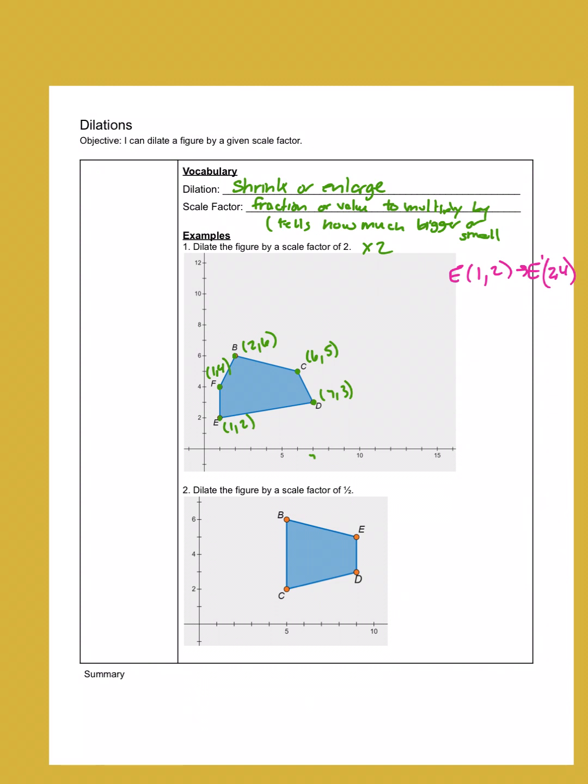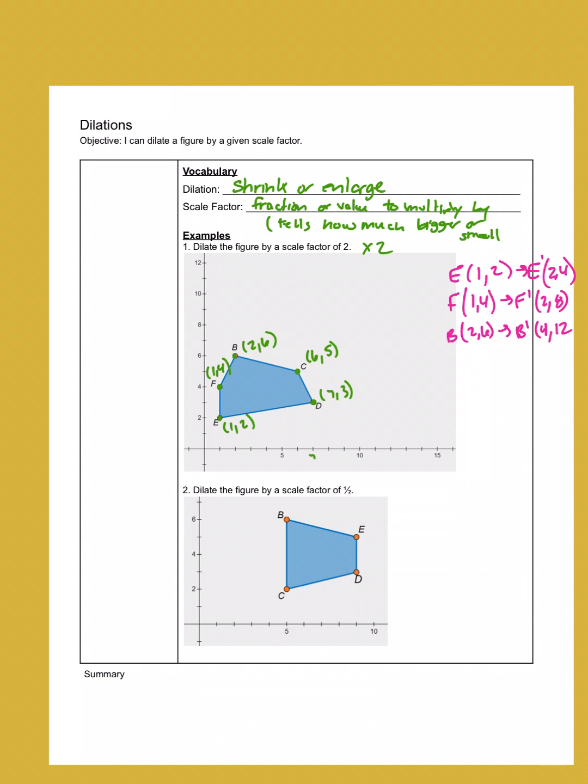So we did E. Let's look at F. F was 1, 4. Multiply that by 2. So F prime is going to be 2, 8. B was at 2, 6. So then B prime would be at 4, 12. Again, we're multiplying by 2. 2 times 2 is 4.